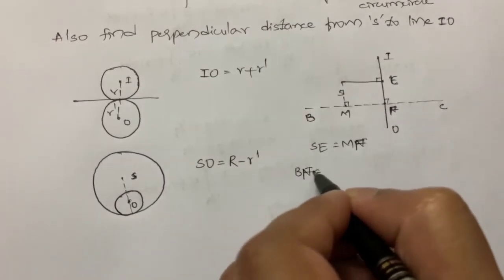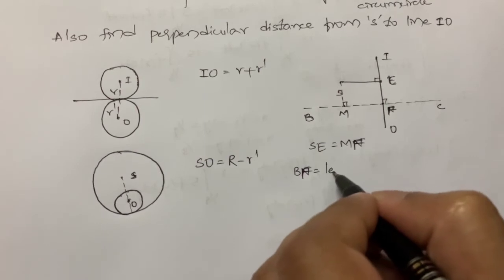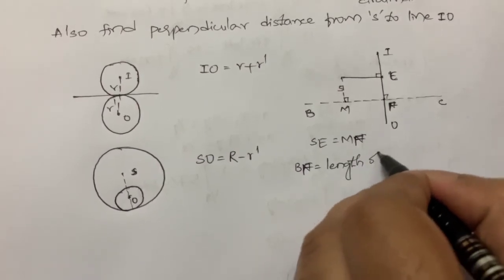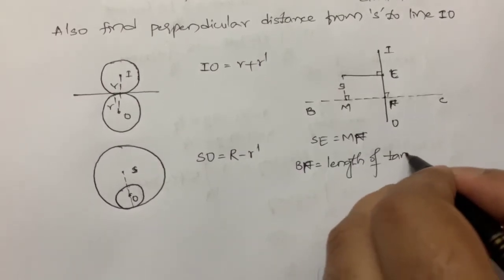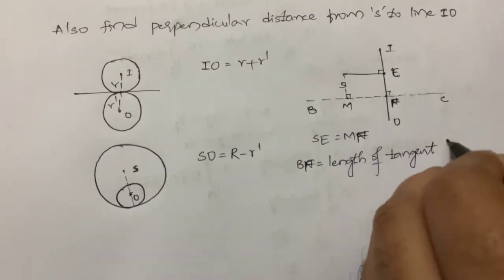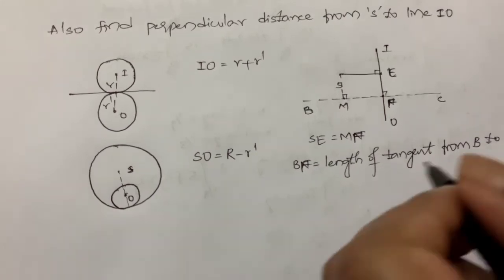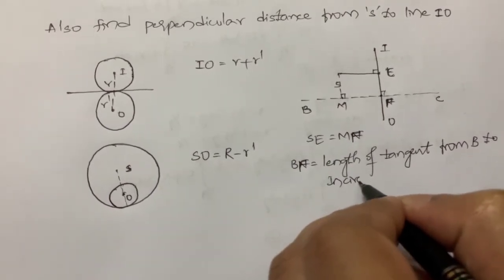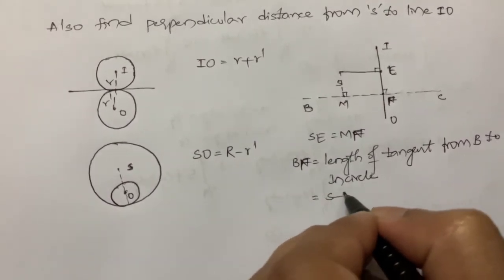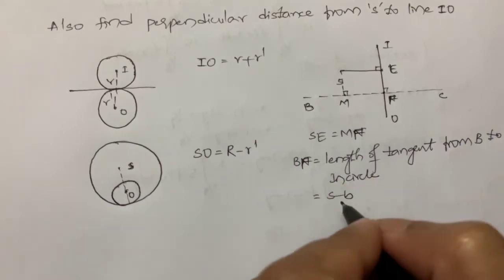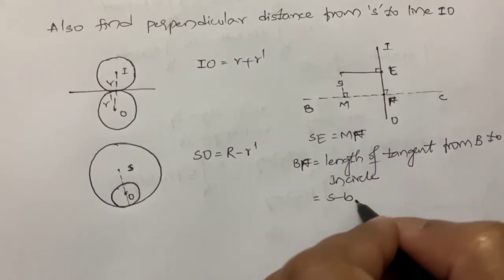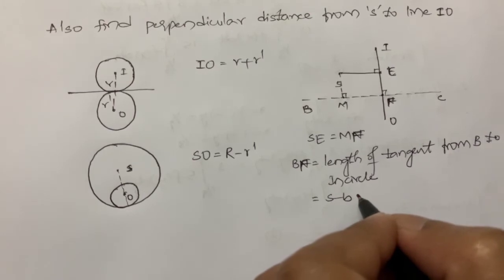BF is equal to the length of tangent from B to the incircle, which is s minus b, where s is the semi perimeter and b is the side length. So s minus b.